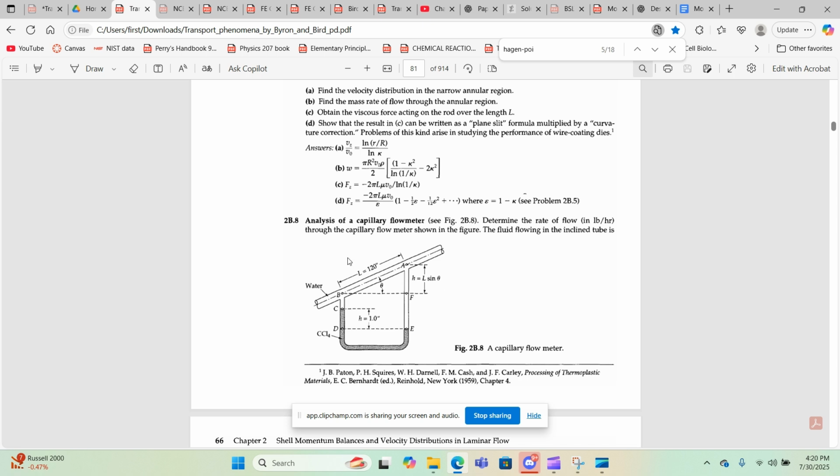So we just need to find a way to calculate each of these pressures, the pressure at D and the pressure at E. The pressure at D will just be the sum of all the pressures above it. There's going to be a pressure due to a moving fluid, and we'll call that either PB or PL, because we're saying this is Z equals L and this is Z equals 0.